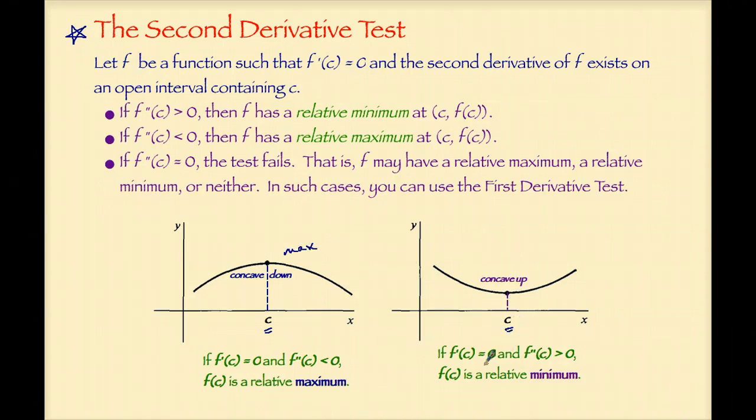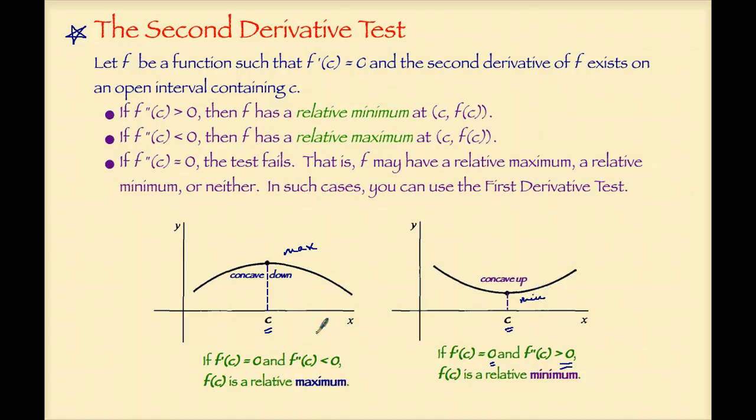It's a critical number. We know this because the first derivative at c is 0. Let's put c into the second derivative to find the sign there. If it's positive, greater than 0, that means that's a concave up section of the graph. That means c must be resting at the bottom of a valley because it's concave up there. Therefore, it must be a min.